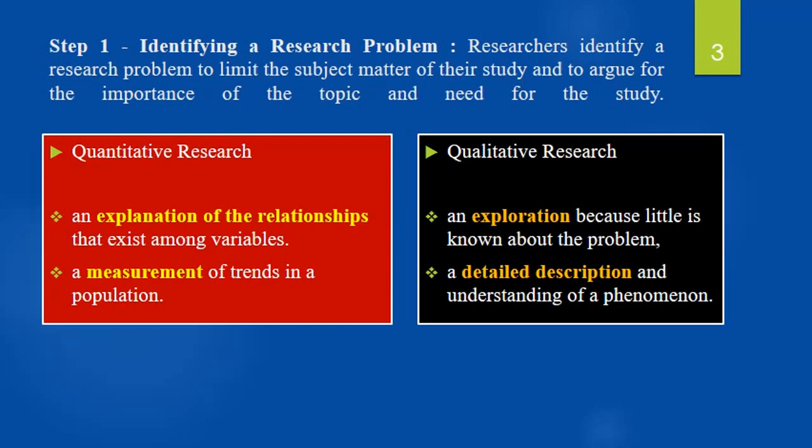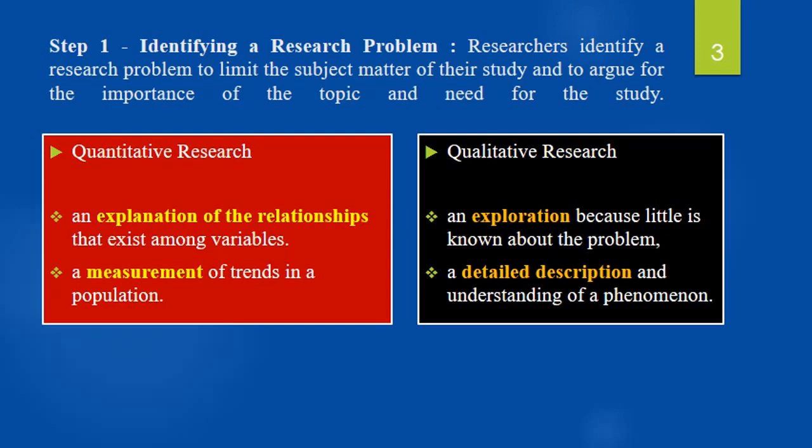Now, qualitative research is best suited for research problems that call for the need to explore and learn from participants, because important variables are unknown or insufficient for describing a phenomenon chosen for qualitative studies.